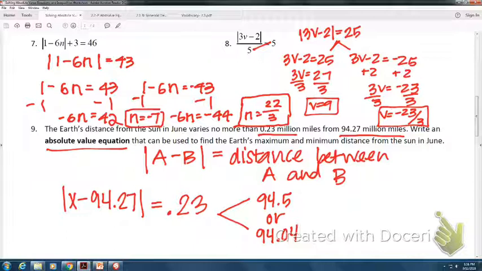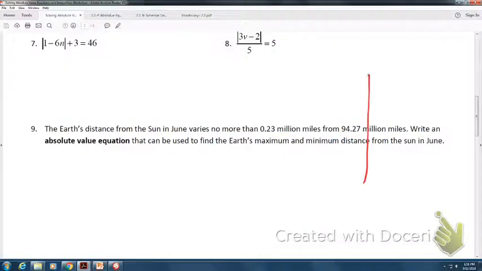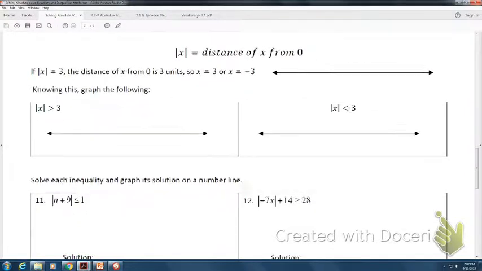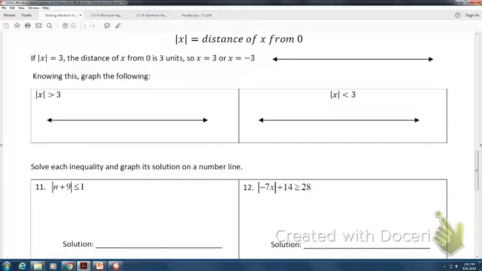Okay, now we are looking at inequalities. Hopefully we know that absolute value is the distance of x from 0. So if I'm walking out my front door and I run left, or whether I run right, I'm still running, let's say, 3 miles, whether I run to the left or to the right.